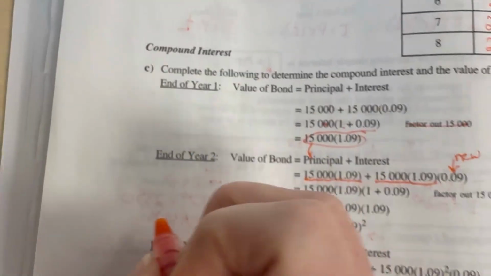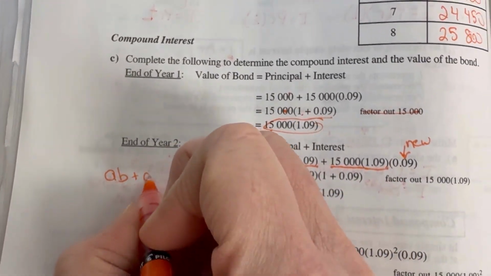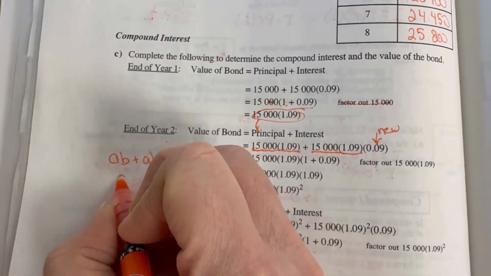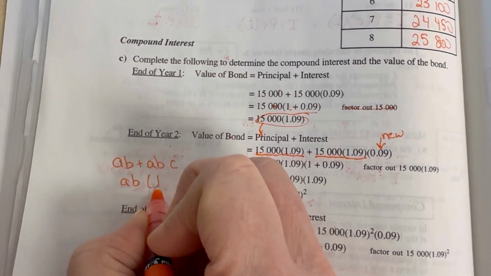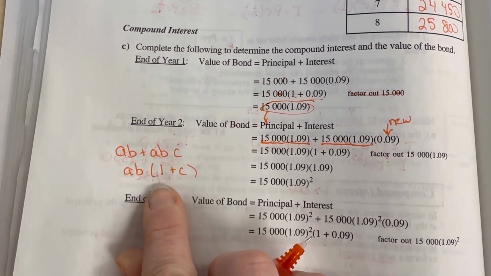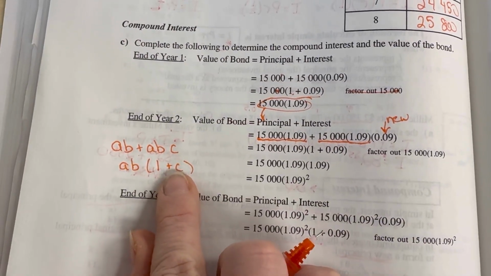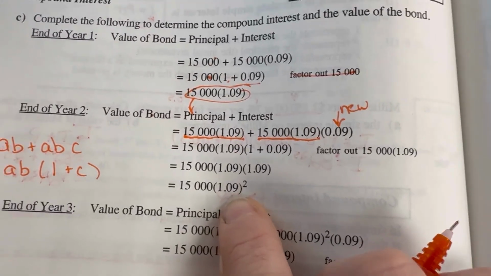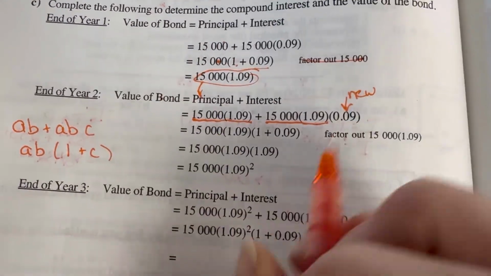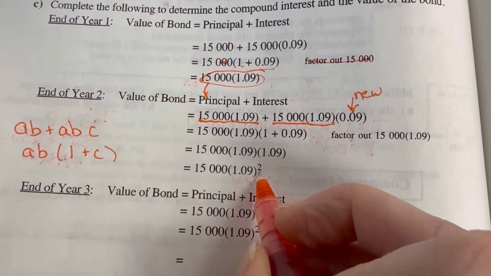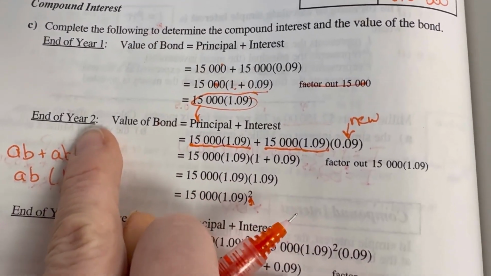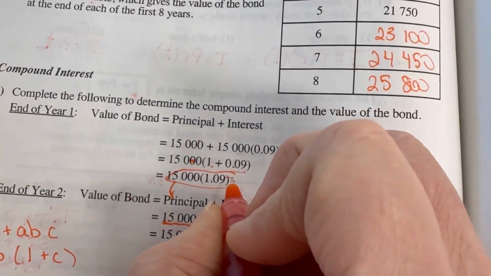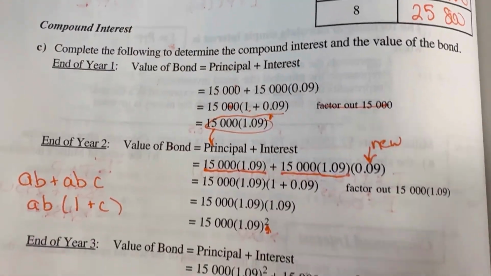It's like saying if we had AB plus ABC, and then we write it as AB times 1 plus C. So that's the same pattern right there. So then they basically just simplify it down, and we see at the end of year 2, this simplifies down and we've got a power of 2 there. So it's like there was a 1 there at the end of year 1.